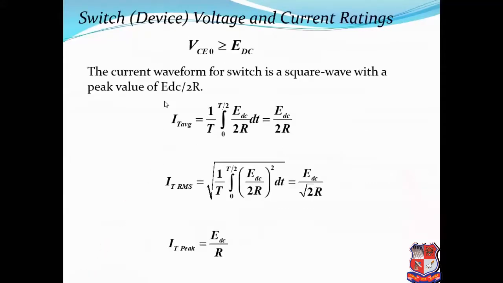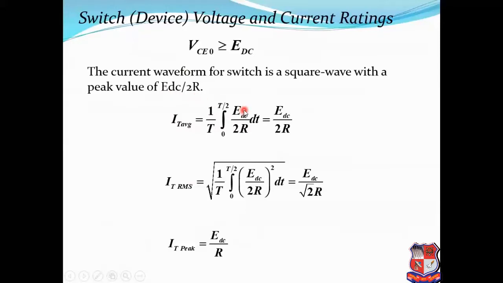So this is the circuit diagram for circuit analysis for the average thyristor current. The average thyristor current will be the average voltage divided by resistance. In the case of the half wave inverter, the average output voltage will be VDC by 2, then the average thyristor current for that is VDC by 2R. And for the thyristor, sorry, my mistake, this is for the full bridge inverter.